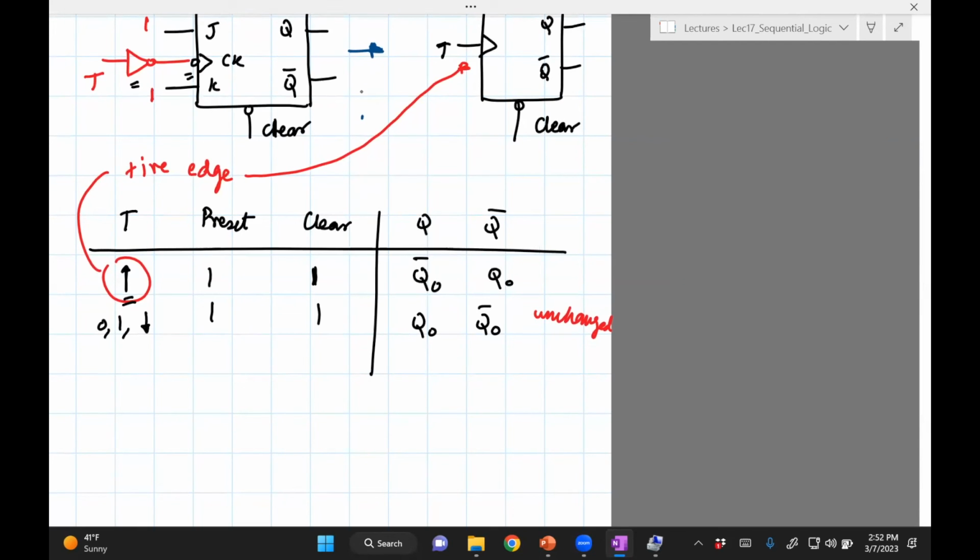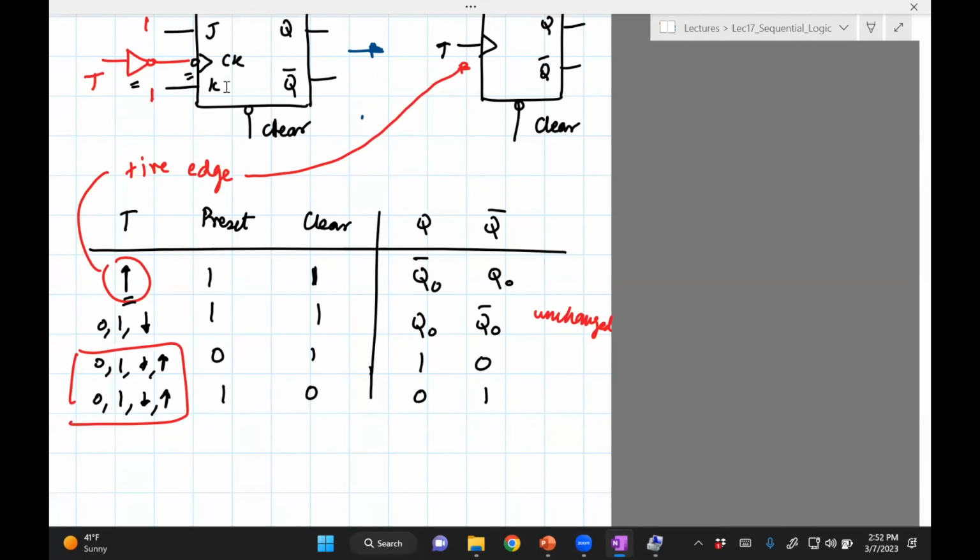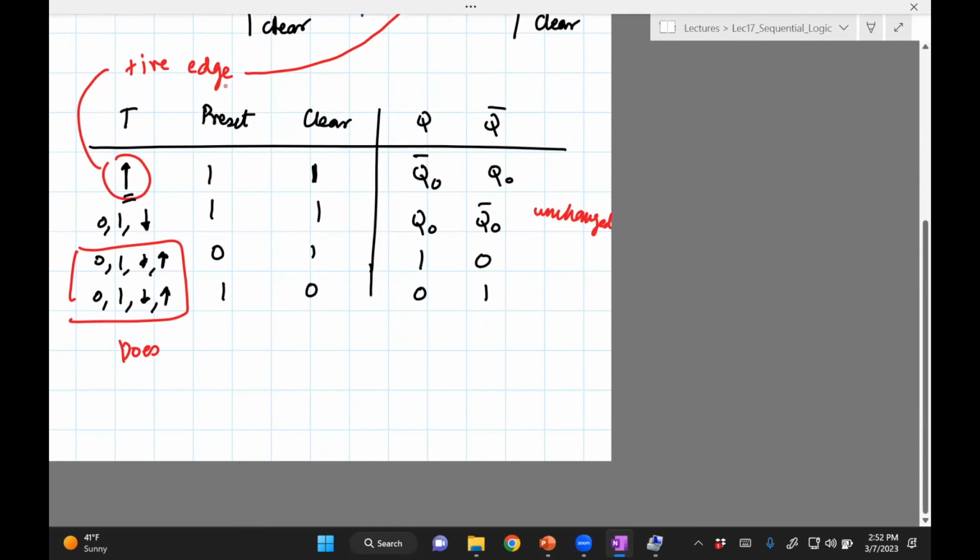Okay, and then we also have to write what happens if you put 0, 1, 1, 0. And it doesn't really matter what you put here. Remember that preset and clear are used to set the pins to whatever state you want, so this does not depend on the toggle, because that is used to set the memory.